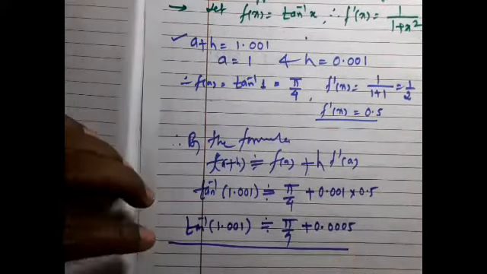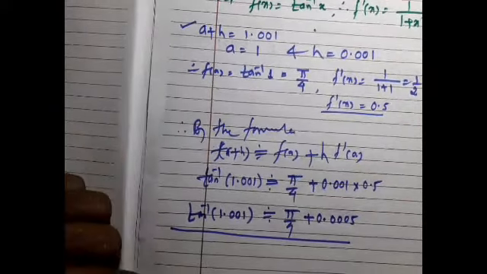Now here I would like to add some examples. You just try, that is tan inverse 1.1, second tan inverse 1.01, third tan inverse 1.001, which is already calculated. See what is common in these. This term will be the same, that is pi by 4 plus.